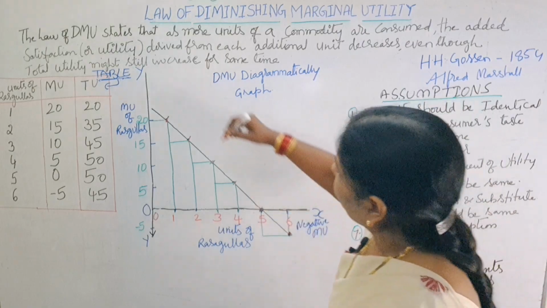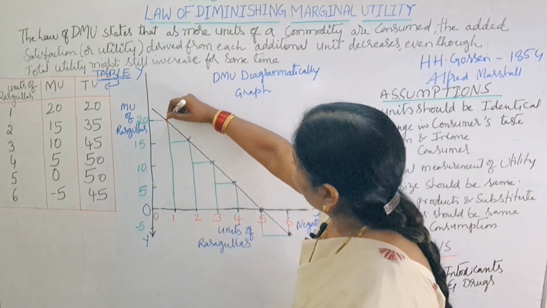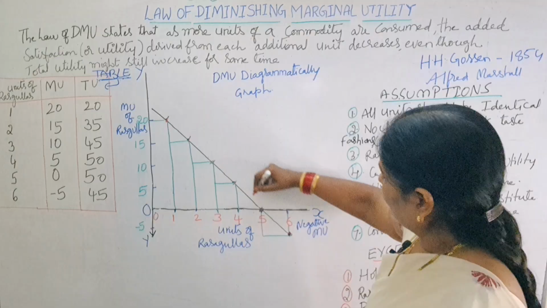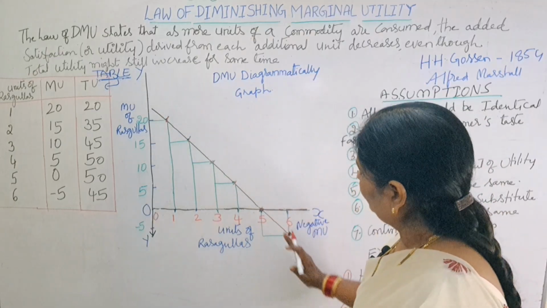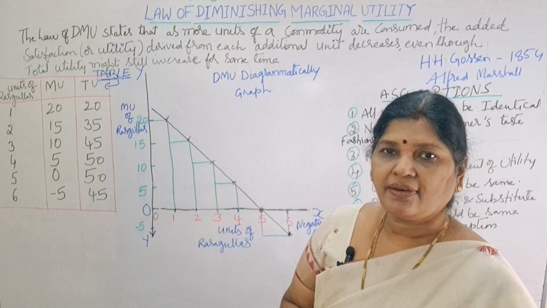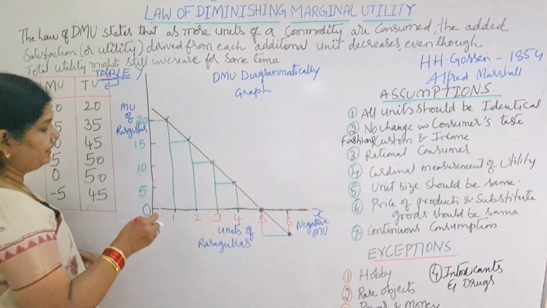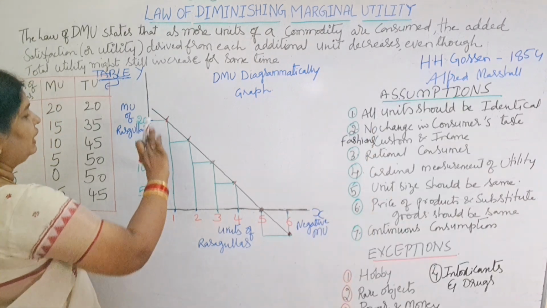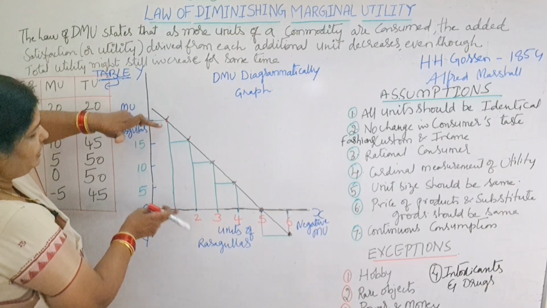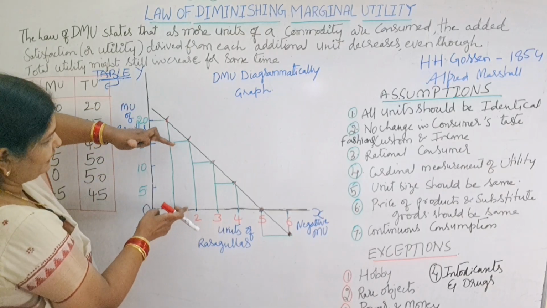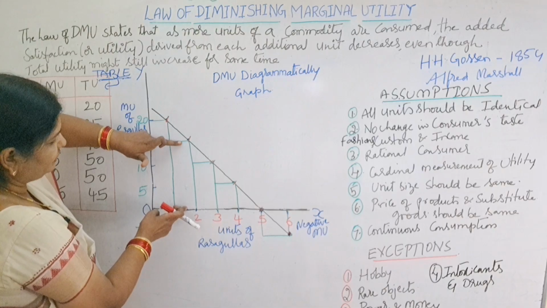So when we are drawing a line, take a scale and draw like this, then you will see the marginal utility curve is sloping downwards. For the first rasgulla, this much is our satisfaction. When you have consumed the second rasgulla, our satisfaction level is only this much.